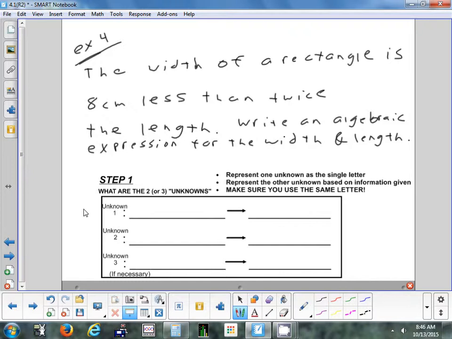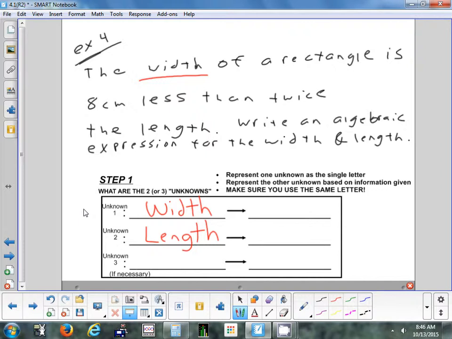Width is first. It's going to make your life a lot easier when you have to go through and represent them. So I'm going to put width first, and then, like Gabe said, I'm going to have length second.